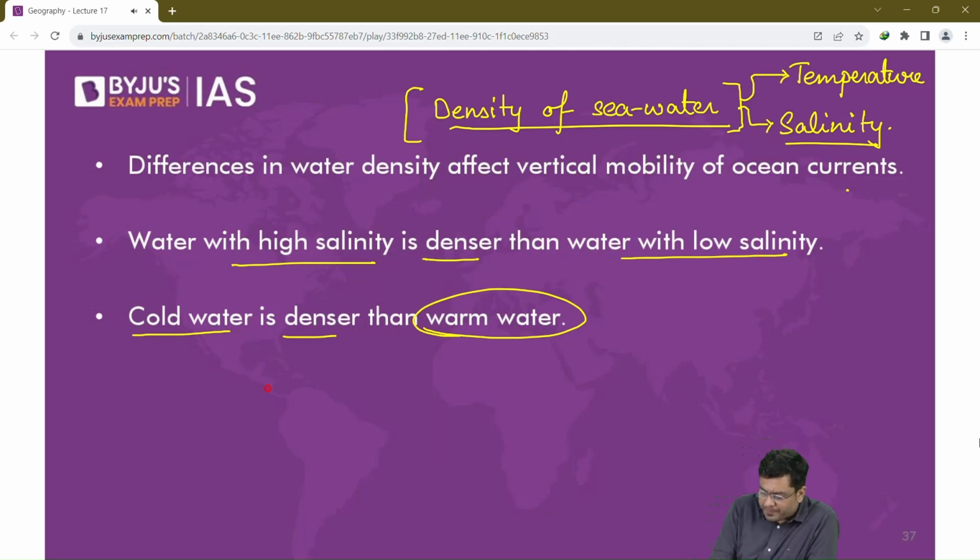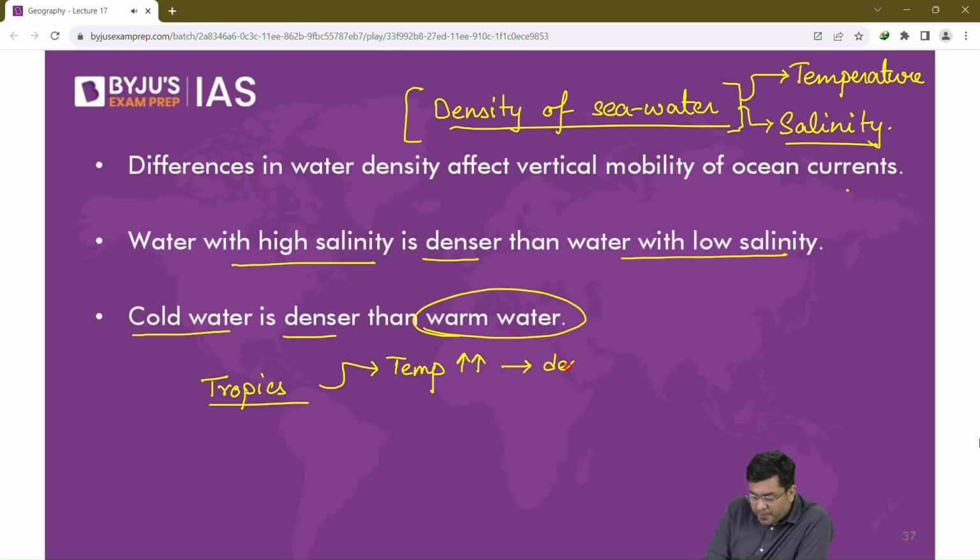Now, let us consider another case here. Let's suppose the tropics. In the tropical region, what can we say about the temperature? Is temperature high or low in that area? Significantly high? So as per this, the density should be lower.